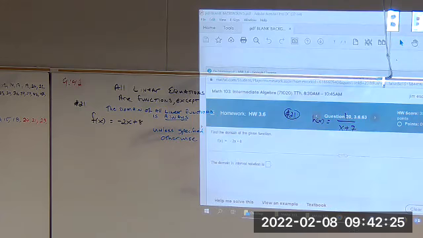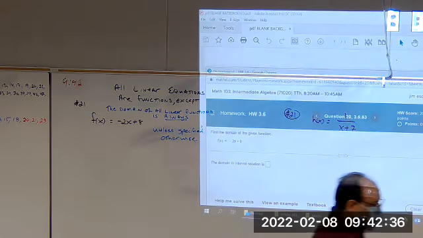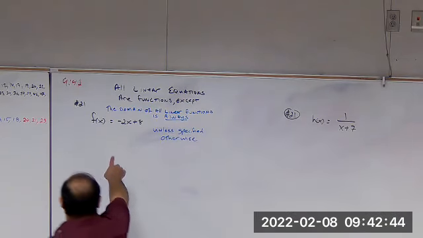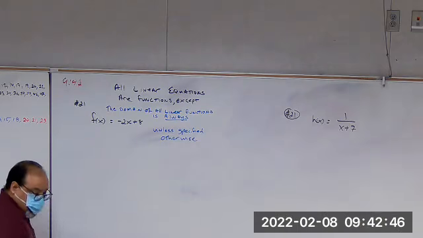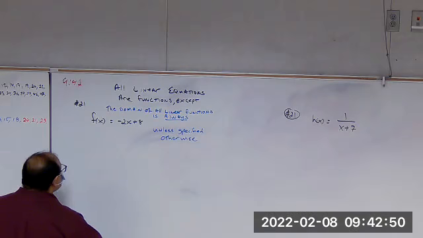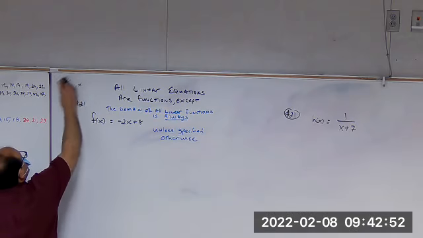Okay, number 21 from 3.6. f of x equals negative 2x plus 8, and you're supposed to write the domain using interval notation.